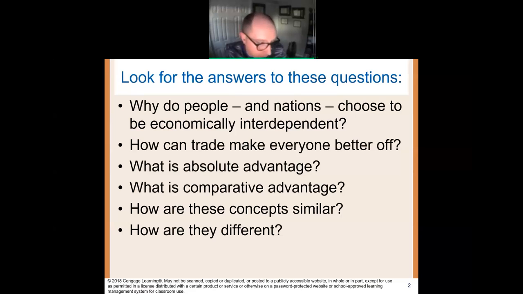For example, in the United States, we rely very heavily on China for rare earth minerals. Rare earth minerals are what goes into computer chips. In the year 2021, there is a computer chip shortage as a result of the pandemic. The pandemic caused people to not work.